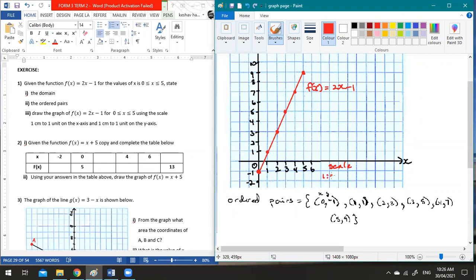So 1 centimeter to 1 unit on the x, 1 centimeter to 1 unit on the y axis. Right? So you're right, I didn't put the scale.